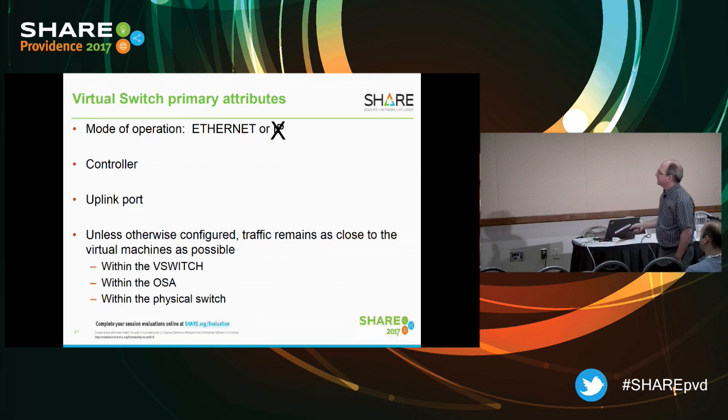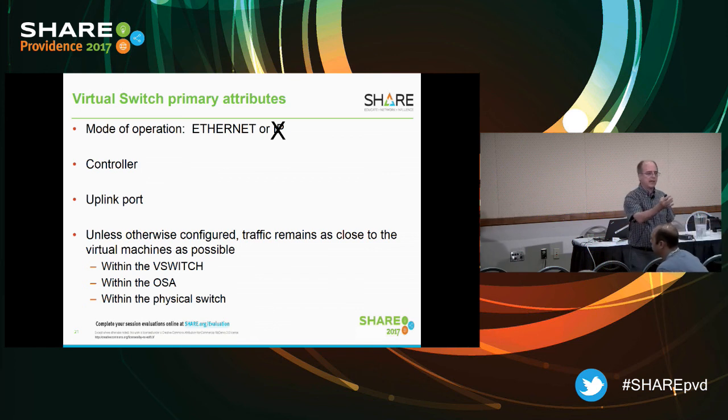And unless we do something special, traffic moving through the virtual switch will stay as close as it can to the virtual machines. In other words, if I specify a target MAC address that's associated with another guest, the traffic will not leave the system. It will not leave the vSwitch. It will just be moved from guest A to guest B.